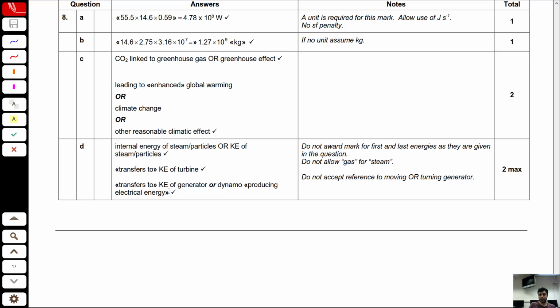So when the turbine rotates, the internal energy of the steam is converted into rotational kinetic energy of the turbine. And when the turbine moves, according to electromagnetic induction, the kinetic energy of the turbine is converted into electrical energy. So internal energy to kinetic energy, and then kinetic energy to electrical energy.